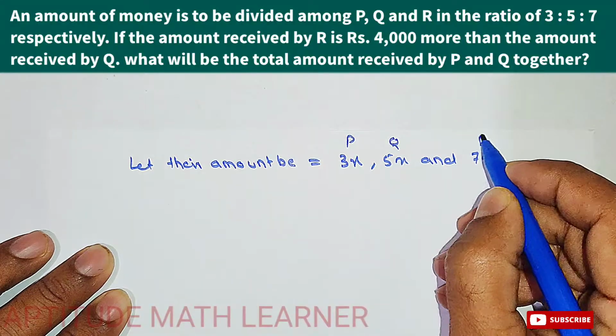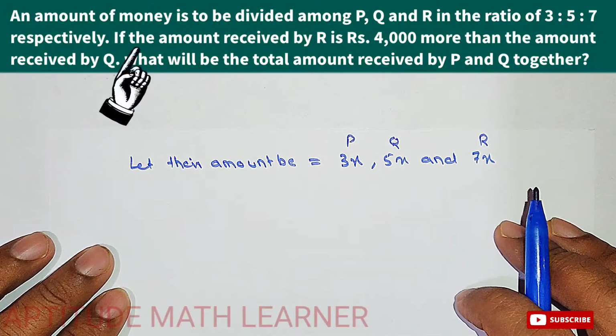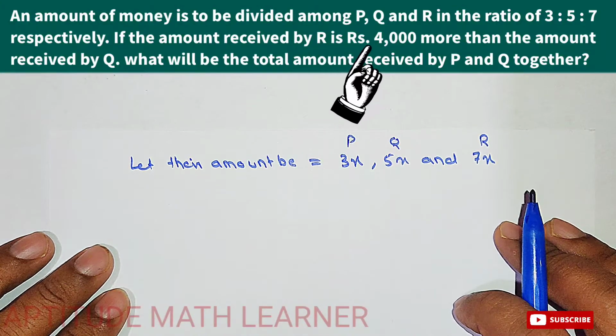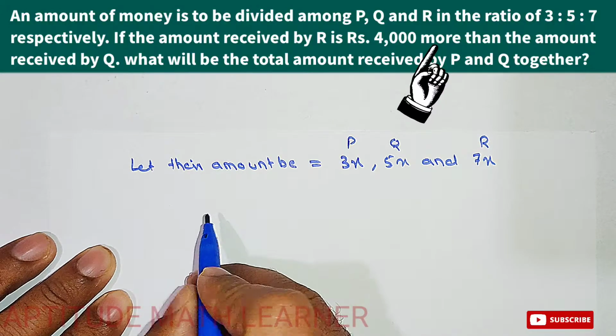So in the question, if you see, the amount received by R is 4,000 more, so we take it according to the question.